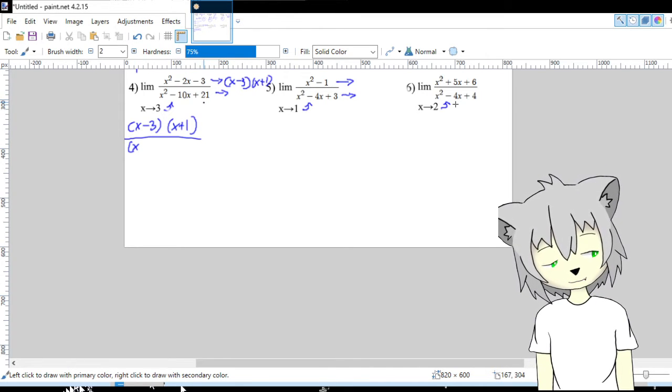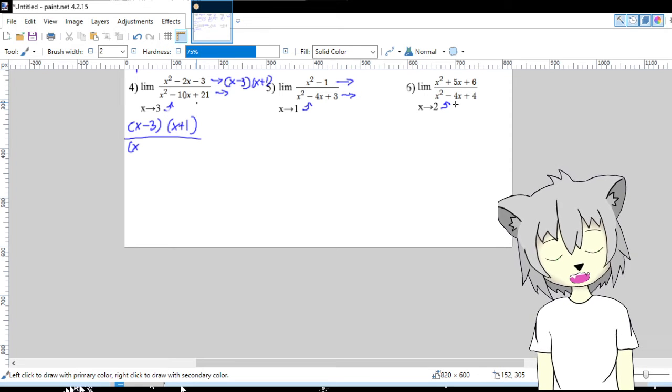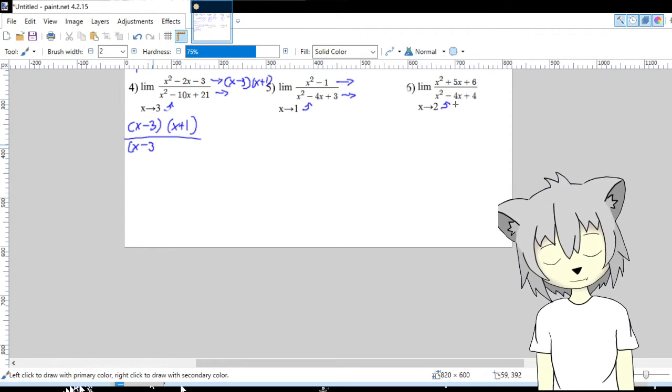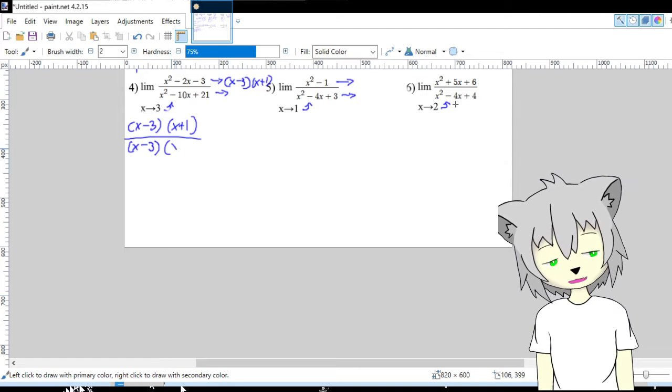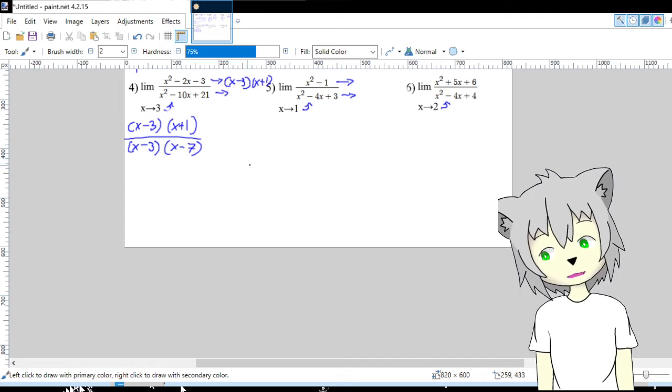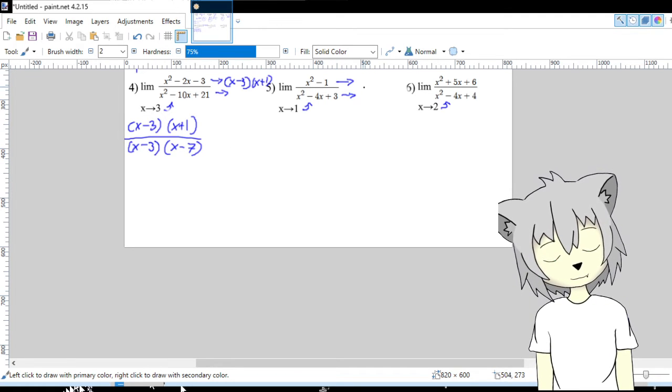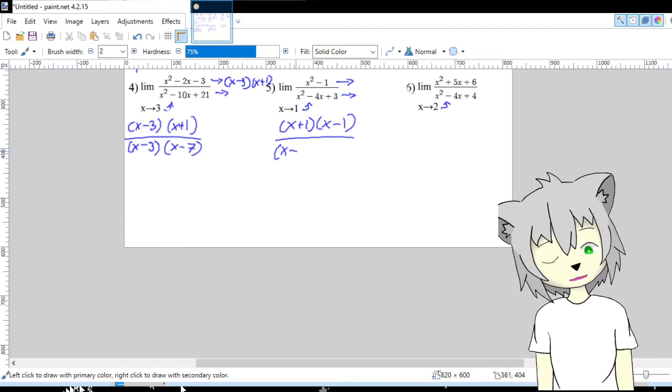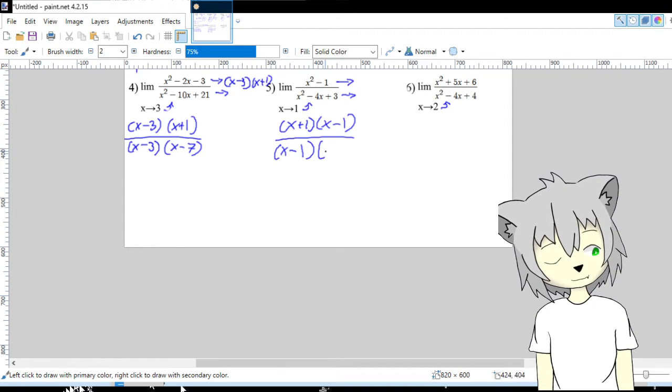This is x minus 3, x minus 7 for this, and we'll do both of these at the same time as well. This is literally x plus 1, x minus 1, and then we have the bottom here, x minus 1 and x minus 3.